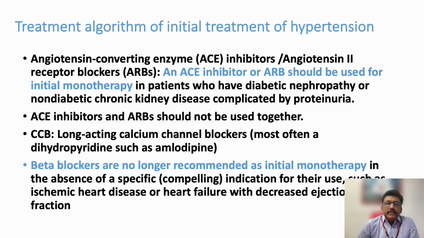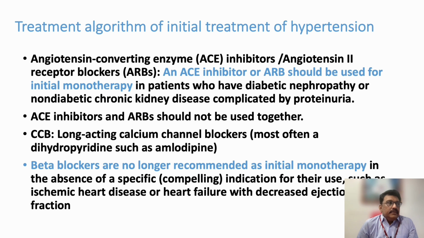So suppose we are starting one ACE inhibitor now, like 2.5 milligram enalapril. We have to wait at least 2 weeks to recheck the BP to see whether that medicine has got its optimum effect and BP is controlled or not. Then only we should either increase the dose of the same drug or add another drug.